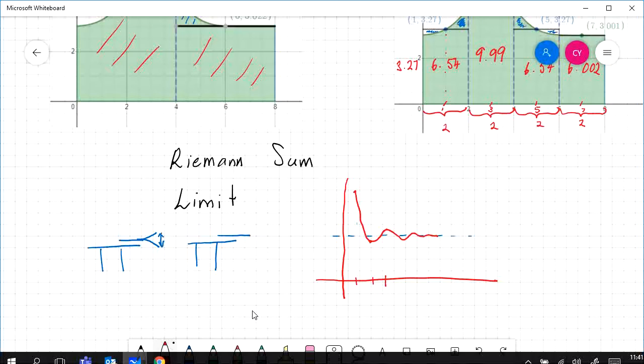In this case, as we get more and more rectangles, or to think about it in another way, as the width of these rectangles gets smaller, so remember our first rectangle was 8, then this one's 4, then our new guess is 2, then the next guess would be 1. As that width gets smaller and smaller, we get closer and closer to this real value of the actual area.